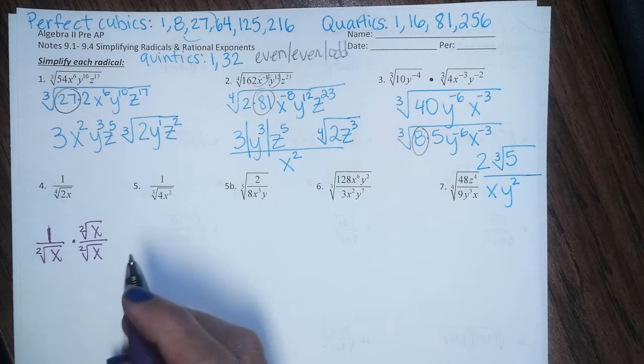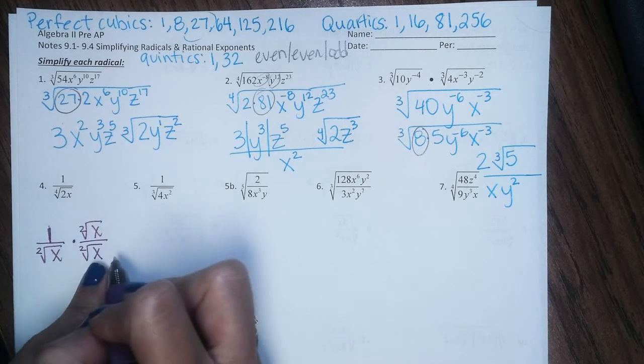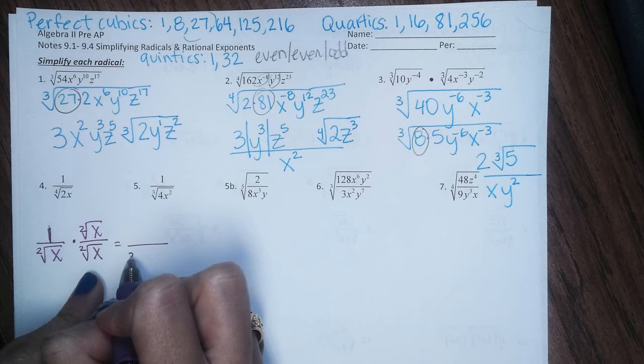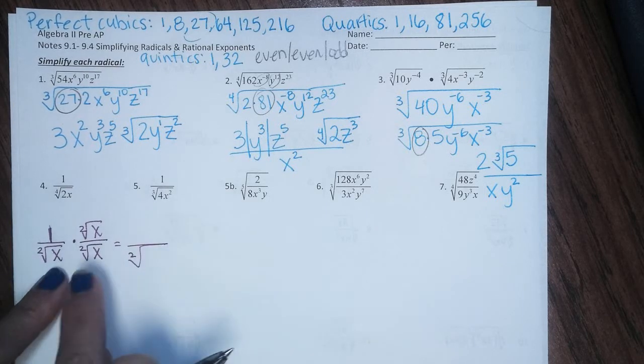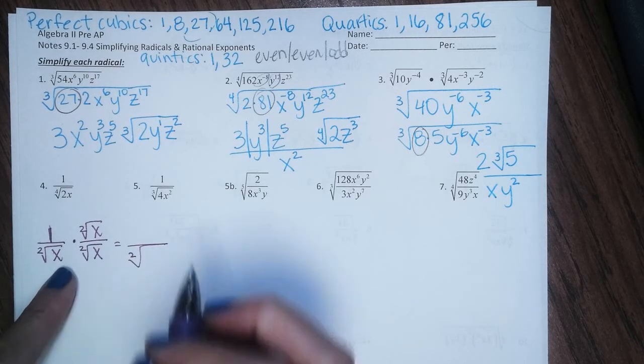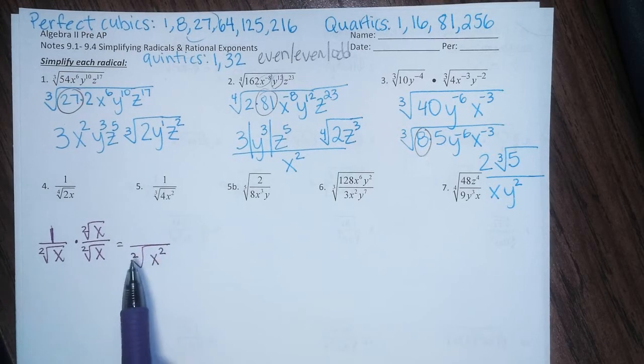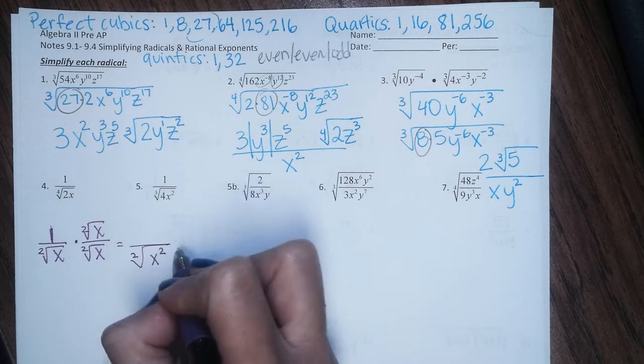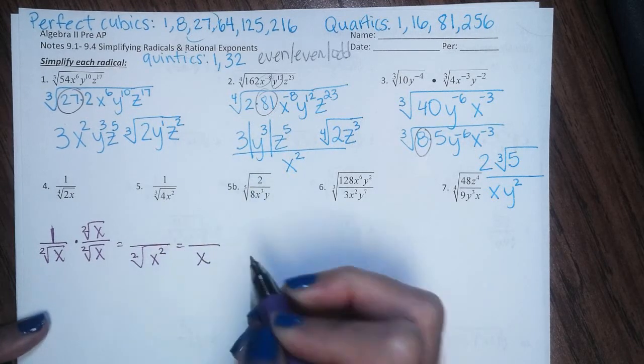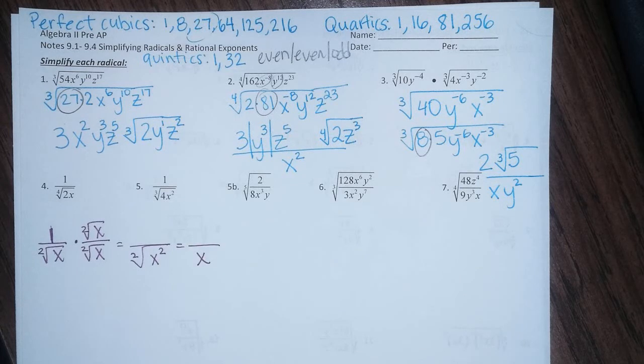And the reason why we multiply by just another square root of x is because if you multiply the square root of x times the square root of x, this becomes like an x squared. And now when you take the square root of x squared, or in other words, when you divide 2 by 2, you end up with just x to the first power, and it's good to go.